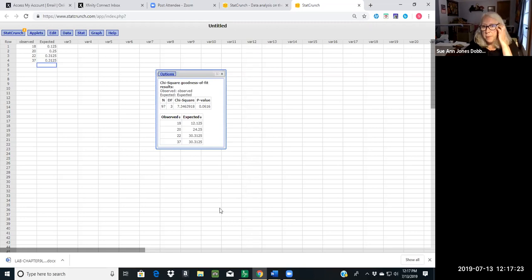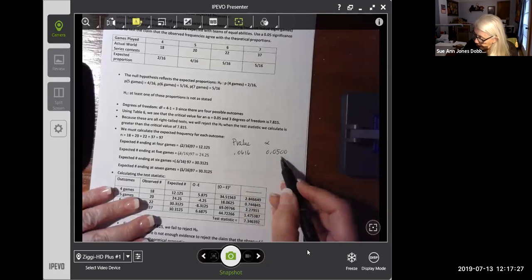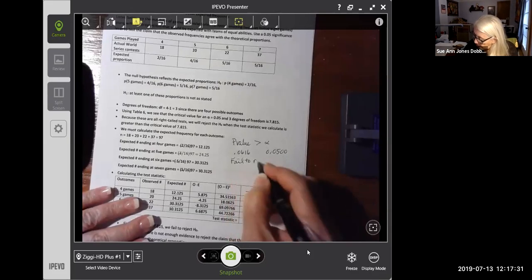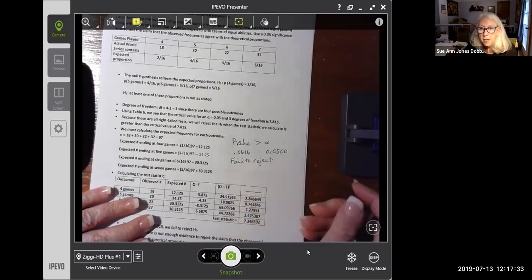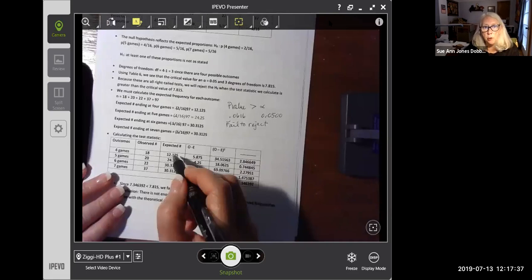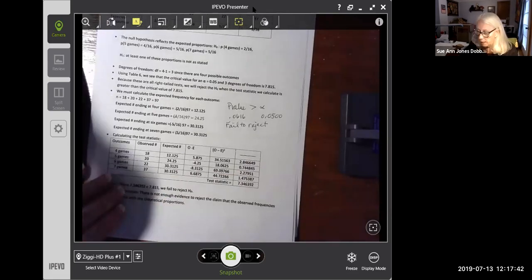Okay, so now let me go back to my presenter window. This number is bigger than that number. And again, that means that we would fail to reject the null hypothesis. But in addition, notice that where it has the expected values on StatCrunch, it's exactly the same as these numbers here, okay?